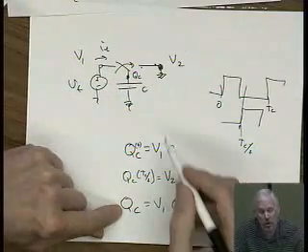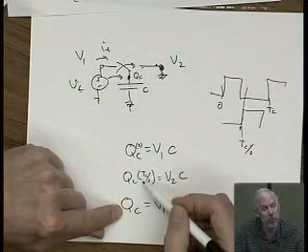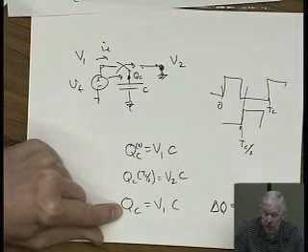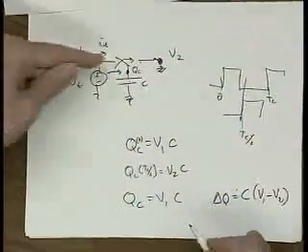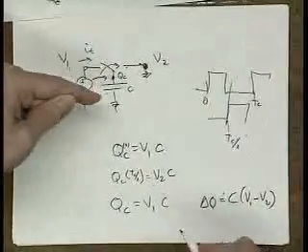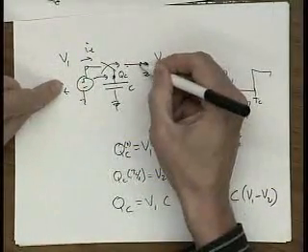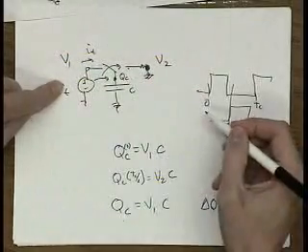Well, how much charge do I have to provide into that capacitor? It's the difference between these two values right here. So the delta Q I have is equal to C times (V1 minus V2). I have to provide that much charge into that capacitor. If this was equal to V1, there'd be no charge into here. If this is a different voltage, we'll have to provide that much charge in the next time period.